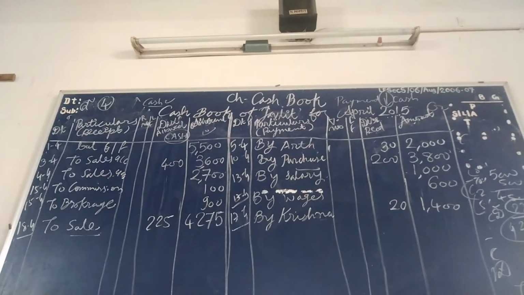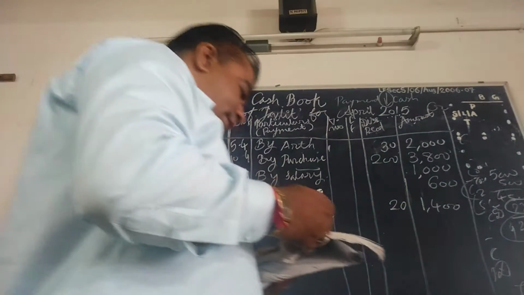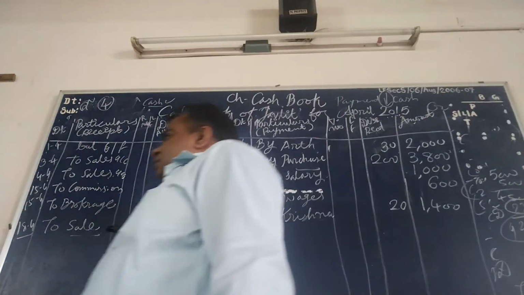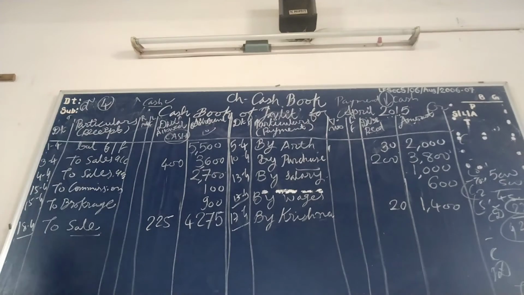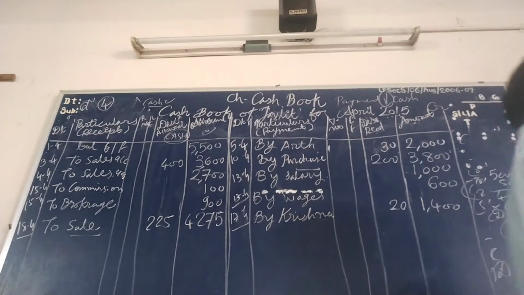Now the transaction of 19th of April, a machine of 6000 purchased from Ramesh, for which 2000 paid by cash, and it is decided the remaining amount will be paid after 1 month. Okay, here understand students, we are only concerned with cash goes out or cash comes in, and how much. Hence we purchased the machine at 6000, but we paid only rupees 2000.